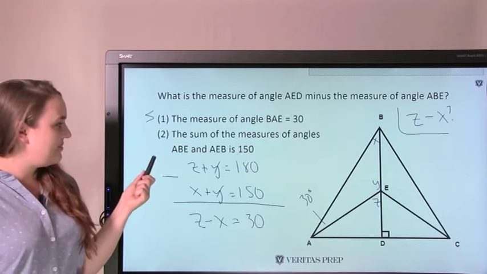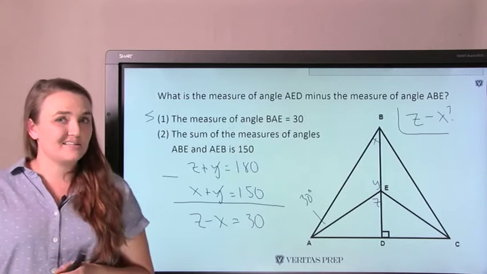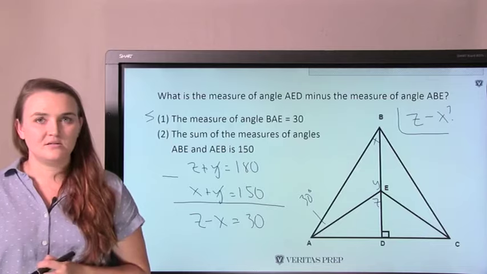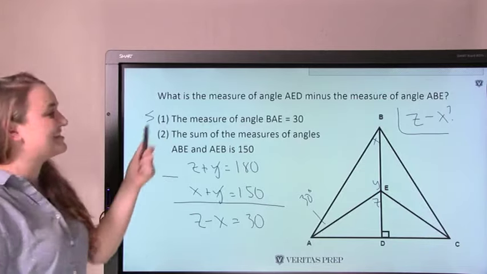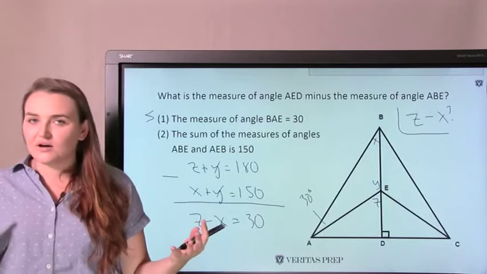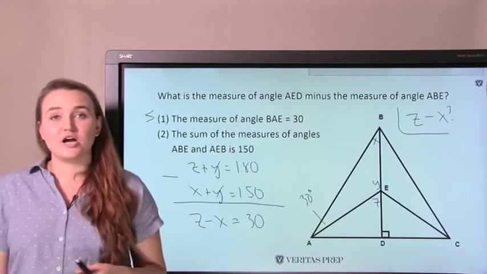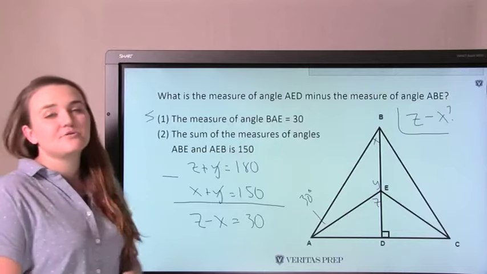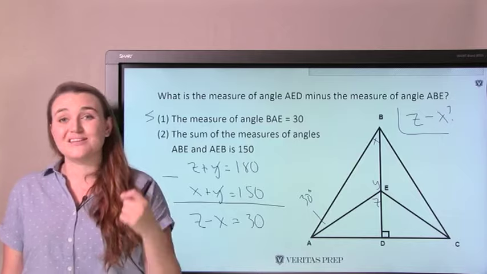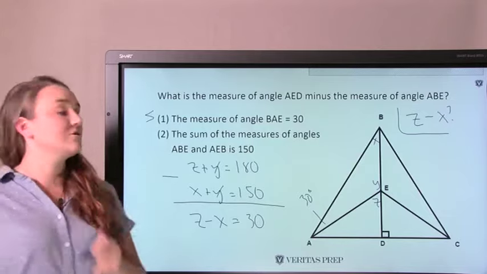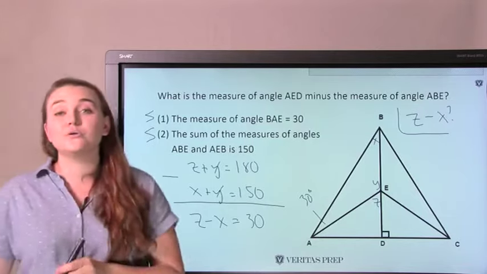Well, ABE and AEB are just our X and our Y values, right? So this gives us precisely the same information we had in statement 1. It's just done so in a slightly more abstracted way. So in this case, I don't need to do the math all over again. I know that it gives me precisely the same information, thus I can draw the same conclusion. Statement 2 is also sufficient.